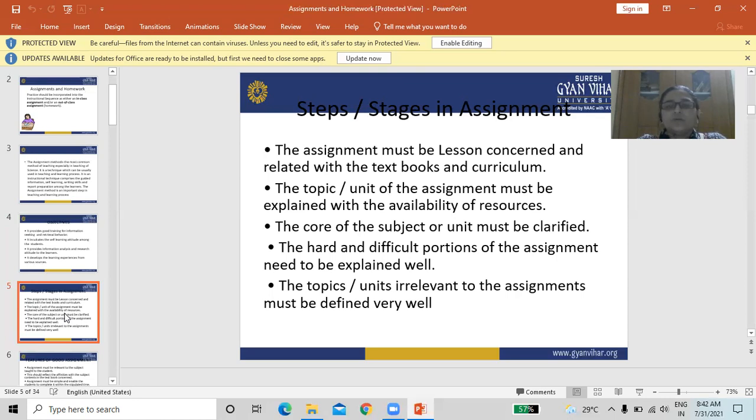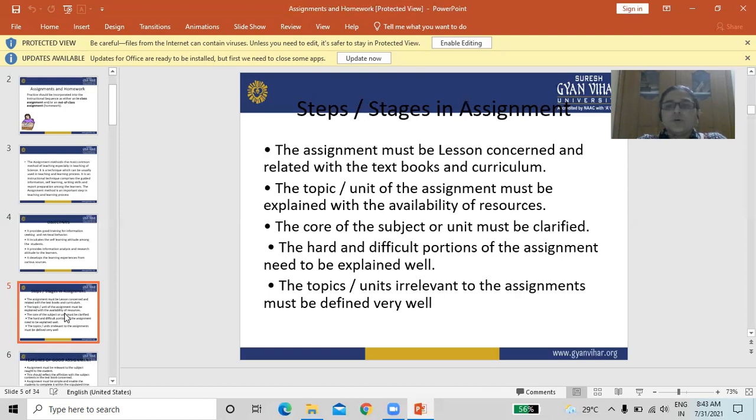The topic or unit of the assignment must be explained with the availability of the resources.